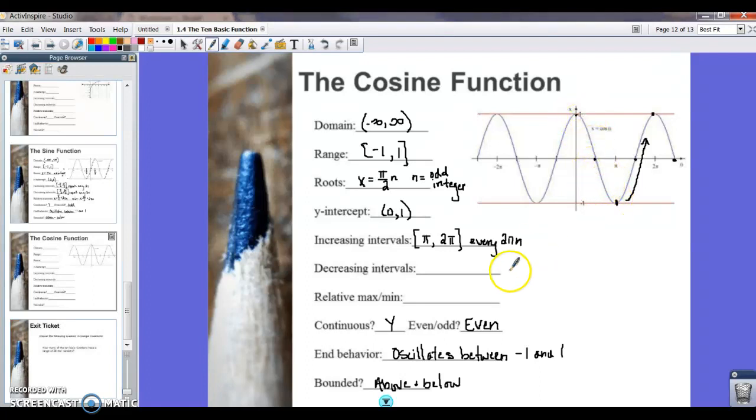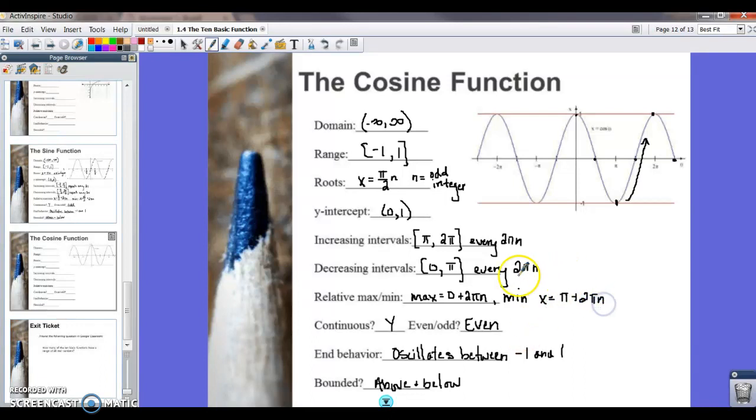You see that? 0 to pi, every 2 pi n. Okay, my max is at 0, and that happens every 2 pi n, and my min happens at pi, and that's every 2 pi n.